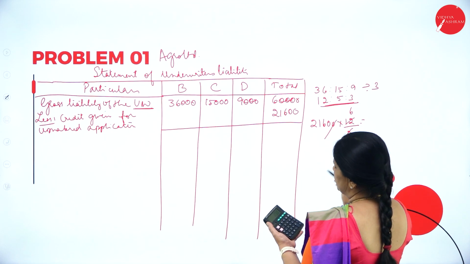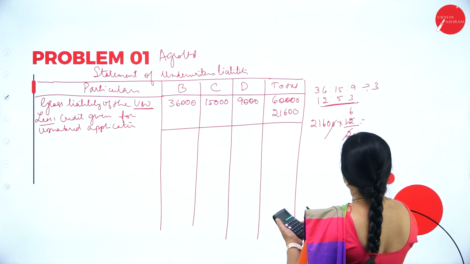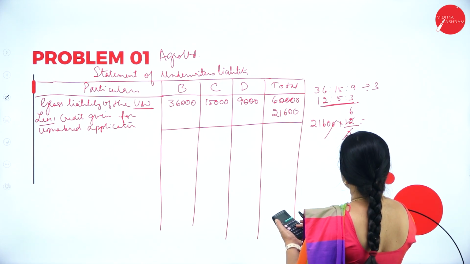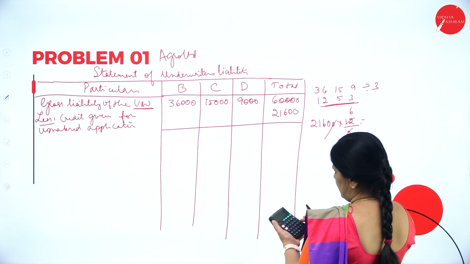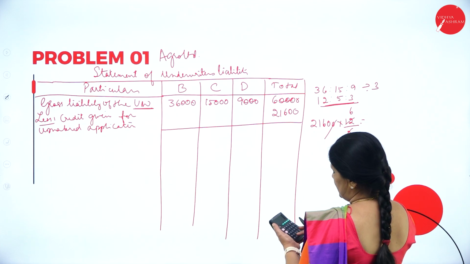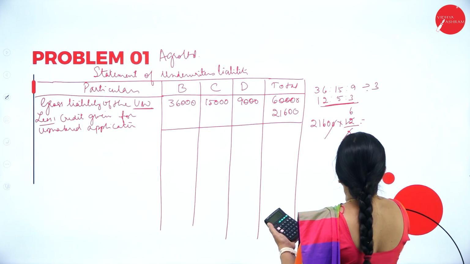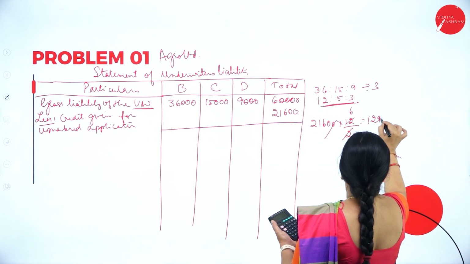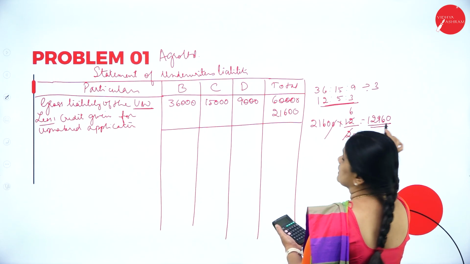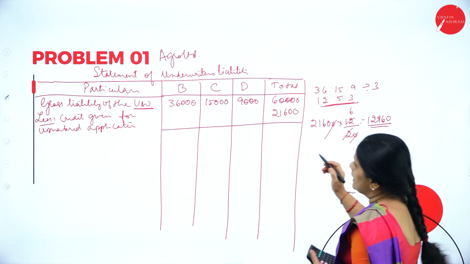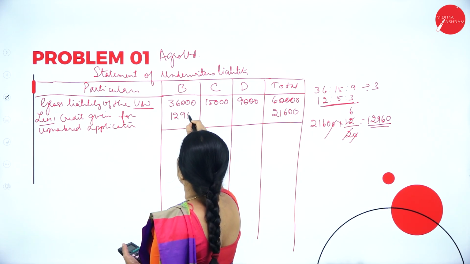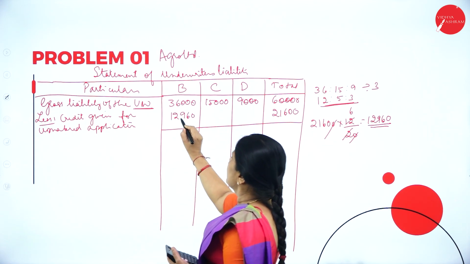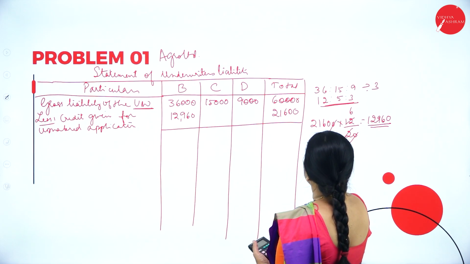So 21,600 into 12 divided by 20 comes up to 12,960. So 12,960, this is for B.